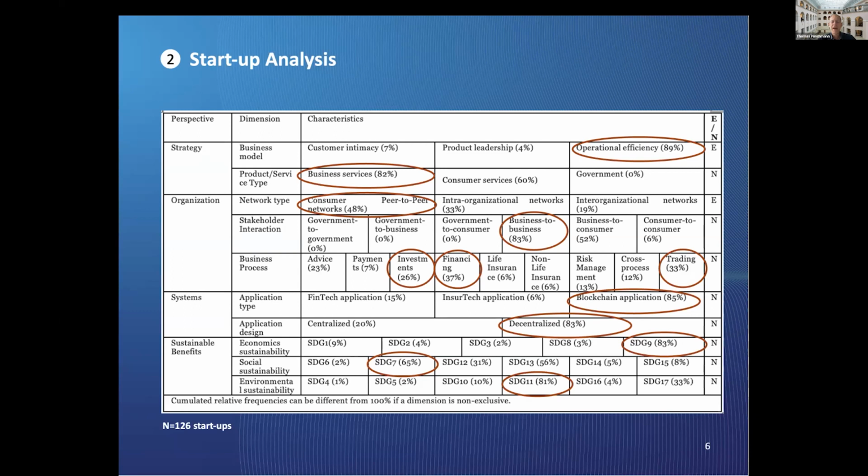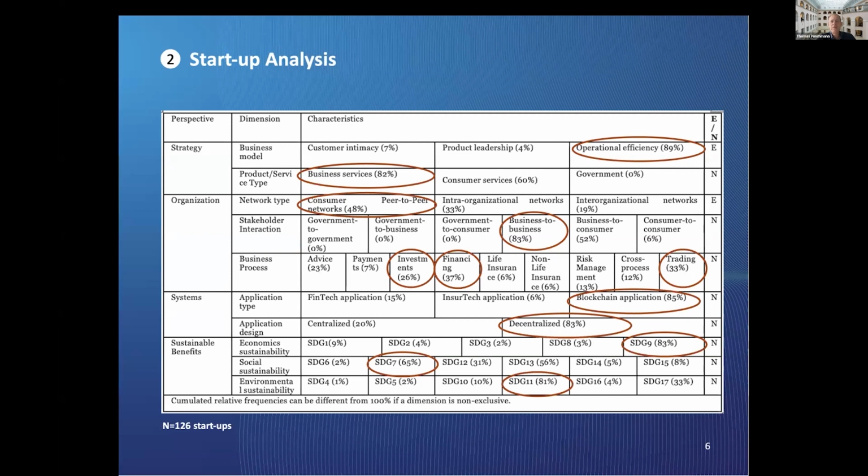That is also reflected here in the product service type, as most of them focus on business services, 82% of them. So that was a clear trend. And we don't see yet so much more focus on new products and services or on new customer-related fields, which are more focused then on disruptive innovations. So this is a clear trend that we can see.